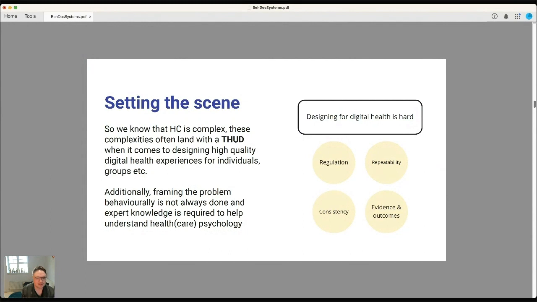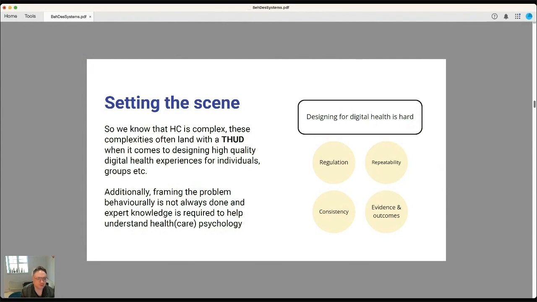So let's set the scene just really quickly. And this was pretty evident for me when I started working in digital healthcare about 6 years ago. You know, we know that healthcare is complex. And this doesn't often translate well for designers or researchers. For me, I came to Earth with a very big thud when I realized that designing or working with teams, operationalizing teams in research to design high quality digital health experiences is really, really complex.